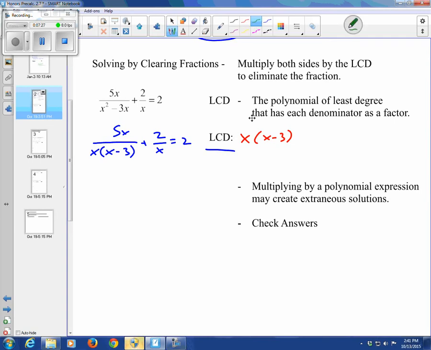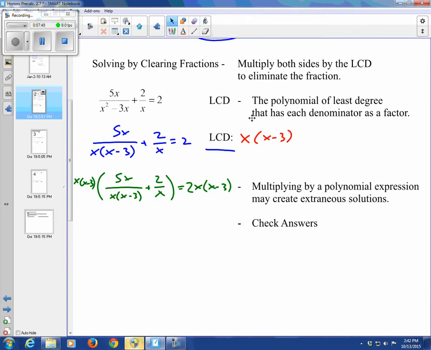So we've got 5x over x times x minus 3, plus 2 over x, times our least common denominator of x times x minus 3. And then on the right we've got 2 times x times x minus 3. Now we're going to distribute our x times x minus 3 to both of our terms.